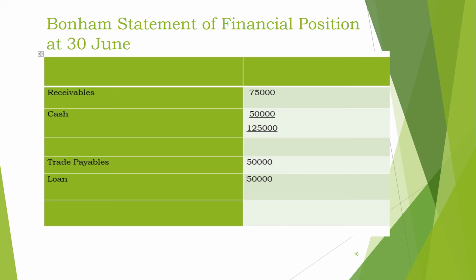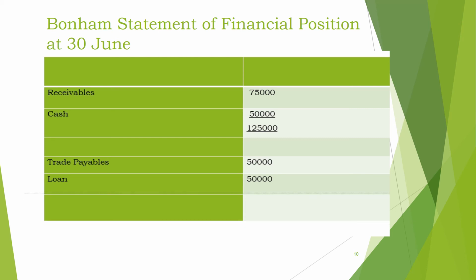Now, if you look at your assets, they are 125,000, but your liabilities are only 100,000. That cannot be true. So we also need to include our final little liability, which is the profit.